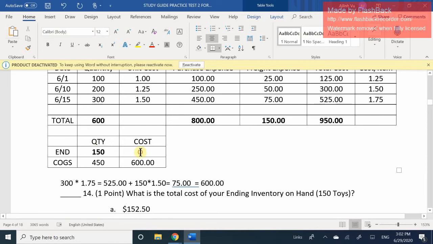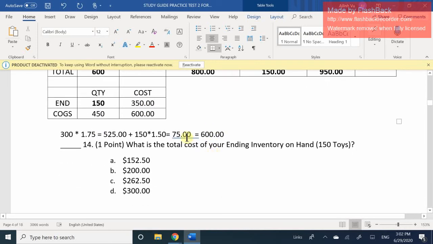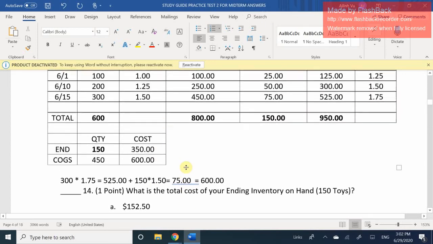Yes, 350 is correct. Okay, so let's look. Question number 14 says, what is the total cost of your ending inventory? 350. Oh, that's not an answer. Hold up, let me see what I did wrong here.